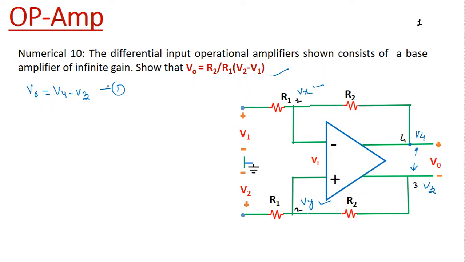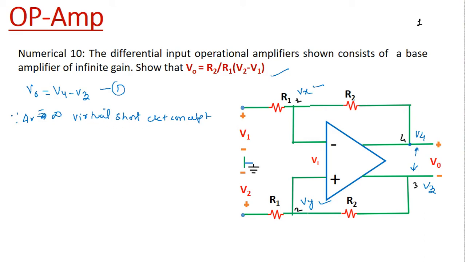Here we can see that in the question it is given that the amplifier gain is infinite. Since the amplifier gain is infinite, we can apply one concept here, that is the virtual short circuit concept.